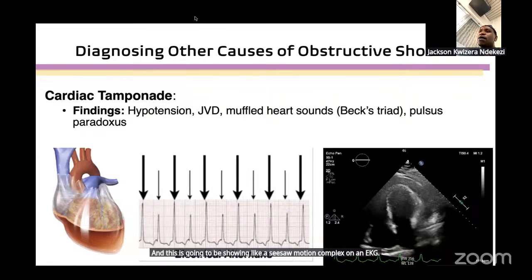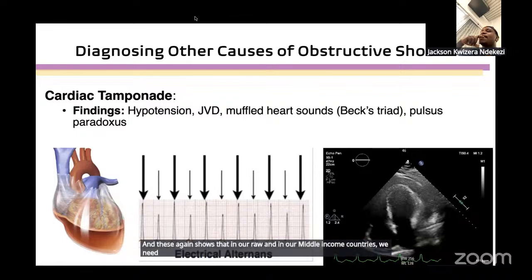And this again shows that in our low and middle income countries, we need to pay much attention to our EKG when we are doing any intervention during anesthesia or when we are monitoring those patients at emergency.